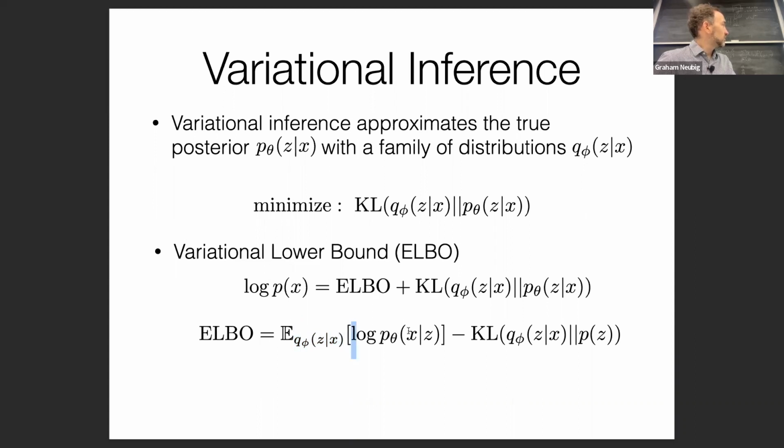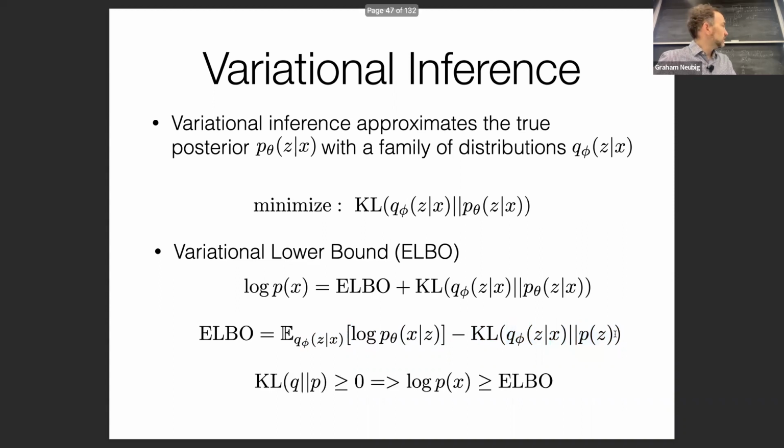And then we calculate the log probability of X given Z. And then we also have this regularization term that tries to regularize the probability of the inference network to be close to the actual prior probability.